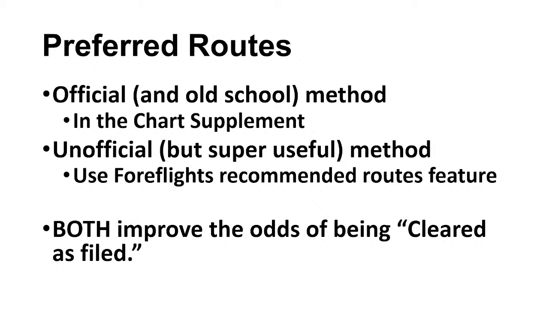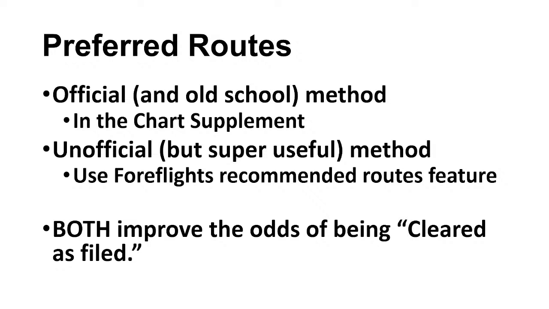The unofficial but super useful method is ForeFlight. When you put in a route in ForeFlight, up on the right-hand side, it says suggested. I've never actually used that function before. It is awesome. For IFR, it's awesome.